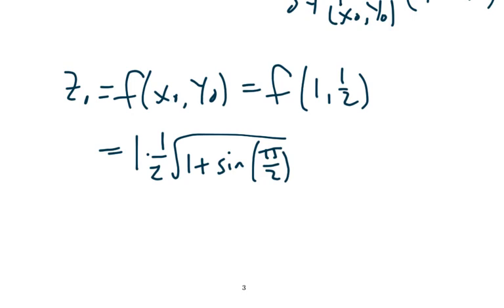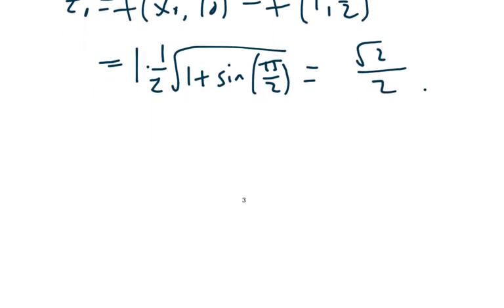And the sine of pi over 2 is just 1. So we have square root of 2 over 2. That's z0. Next we want df dx at 1 and 1/2.